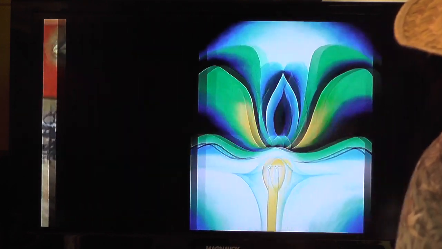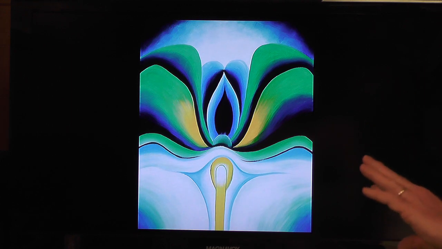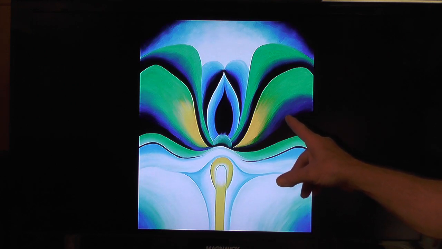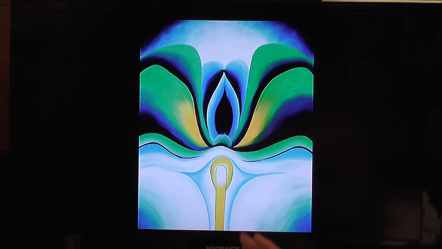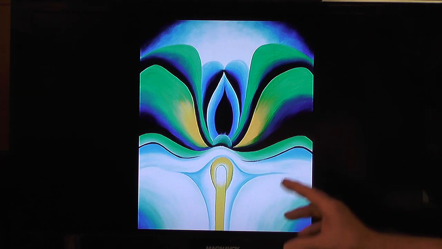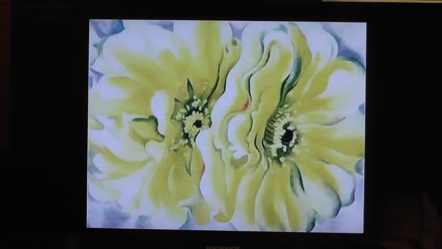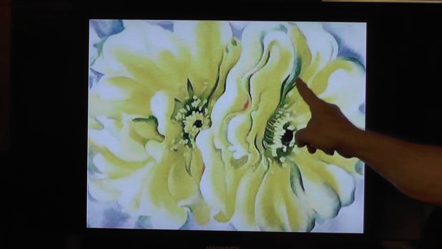Okay, now Georgia O'Keeffe, this picture I chose was called Analogous Color Schemes. Analogous, meaning they are neighbors on the color wheel. For instance, you have blues, greens, and yellows. Those are neighbors, and I'm going to show you a color wheel in just a minute. And she did another picture here where there are neighbors on the color wheel, which are yellows, greens, and blues.